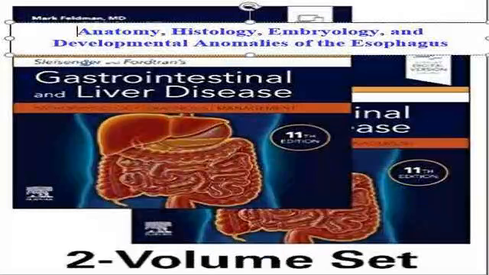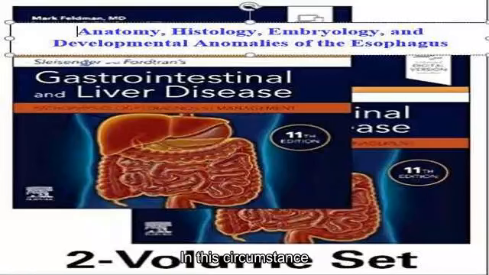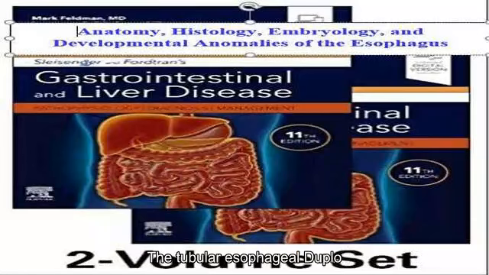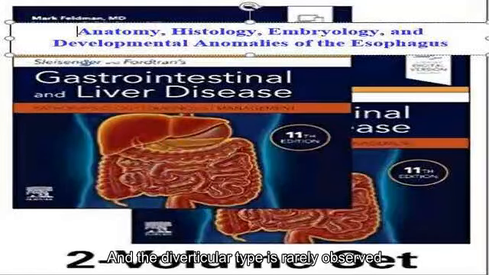Rarely, large duplication cysts can manifest with acute life-threatening respiratory symptoms. In this circumstance, emergent decompression can be achieved by radiologic or endoscopically guided needle aspiration. The tubular esophageal duplication is far less common than its cystic counterpart, 20% of cases, and the diverticular type is rarely observed.